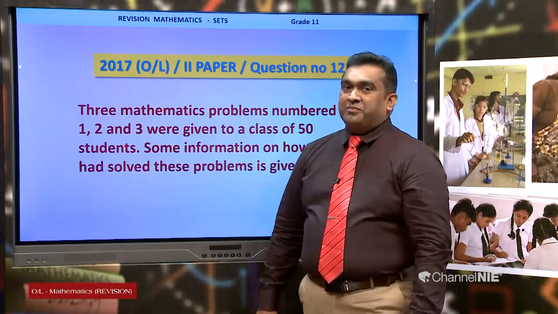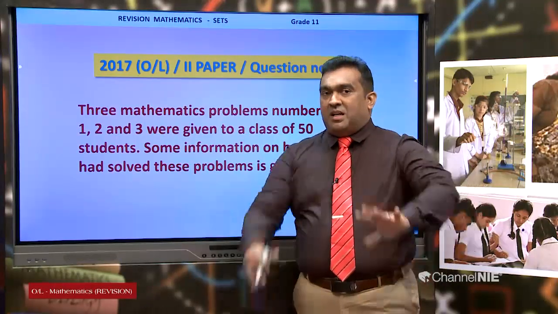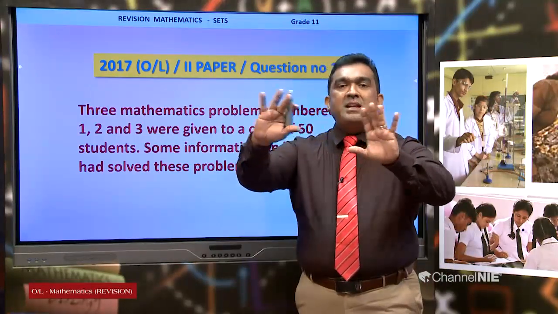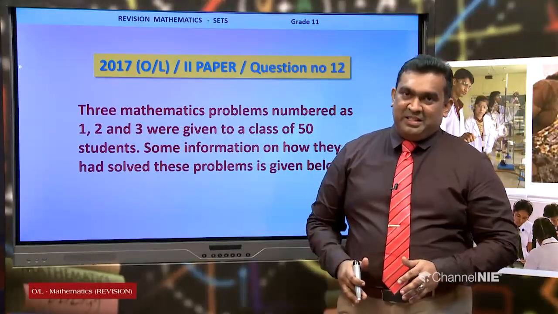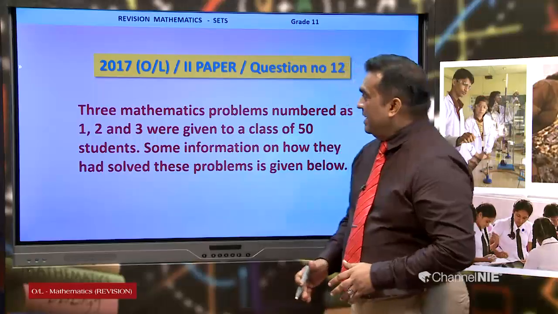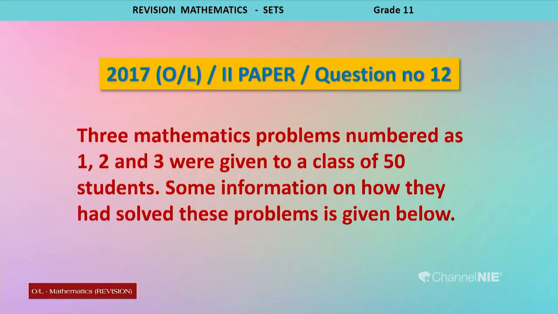2017 question. Sets. A collection of elements which are well defined. Here we will see what is the collection, right? 3 mathematics problems numbered as 1, 2 and 3 were given to a class of 50 students. Here also 50 students. Elements in the universal set is 50.